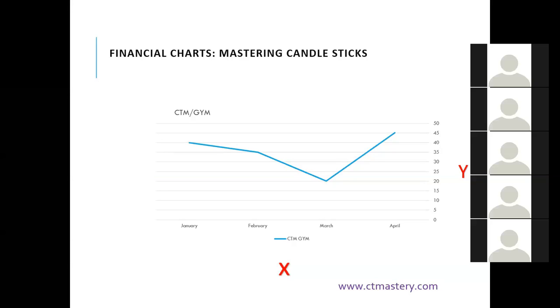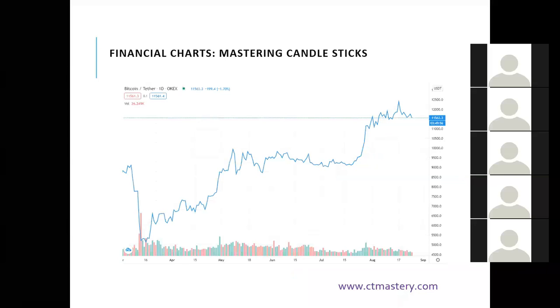We have the ticker at the top left corner, and the x-axis still remains where it is. The y-axis becomes price, and the x-axis becomes the time, either in minutes or hours or weeks, depending on what you choose. And we looked at a typical financial chart setup.